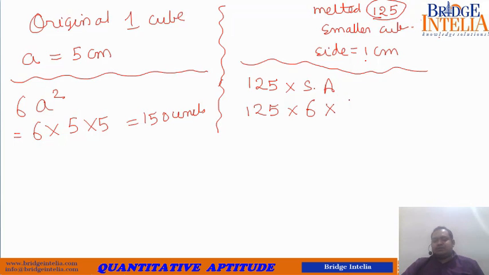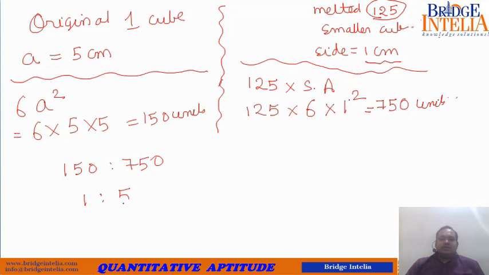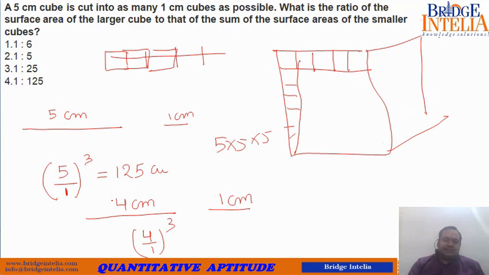For smaller cubes, a is 1. So 125 into 6 comes out to be 750 units. So what is the ratio? The ratio is 150 is to 750, or 1 is to 5. So this is the correct answer.